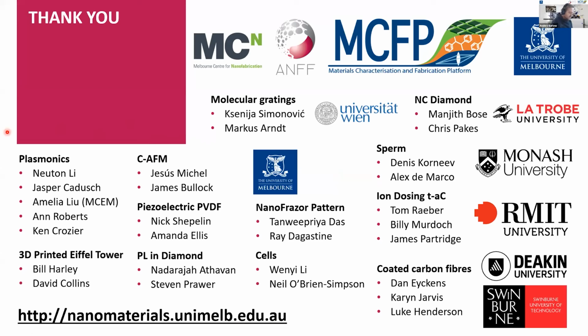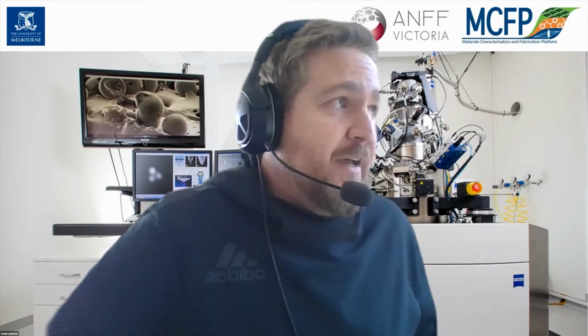Okay, of course, redeposition is an issue. The milling speed in the helium ion beam and the neon ion beam is, of course, far less than it would be for a gallium FIB. So, yes, it's a challenge to deal with redeposition.